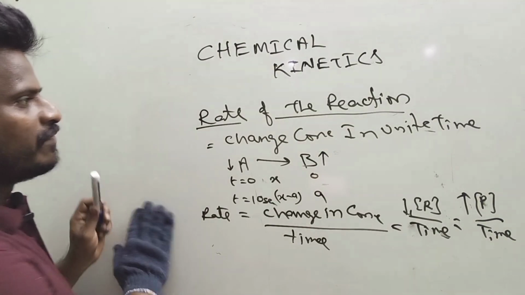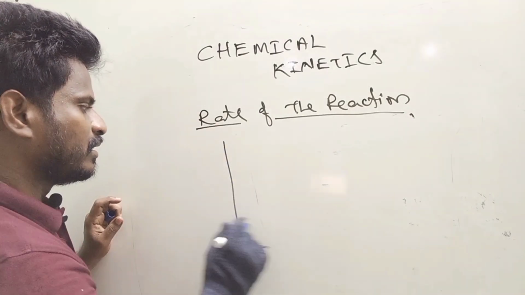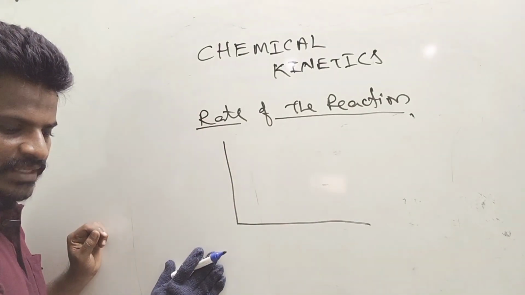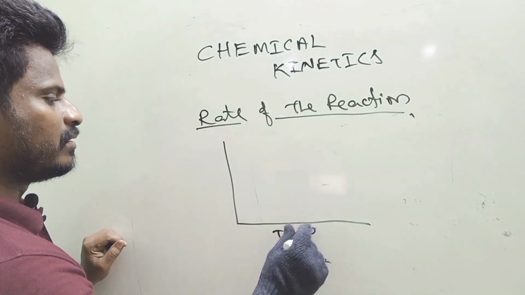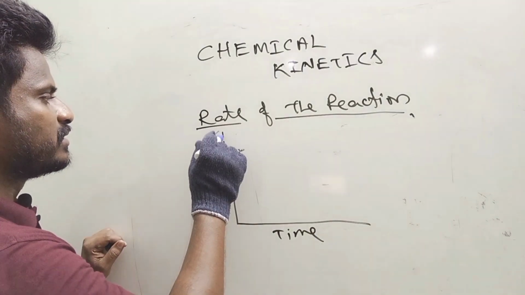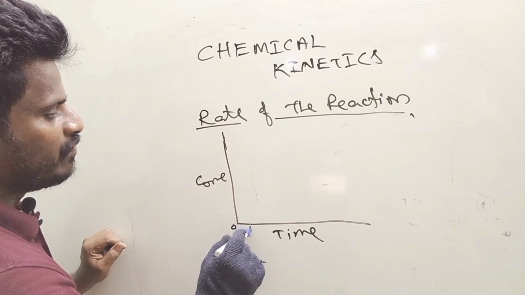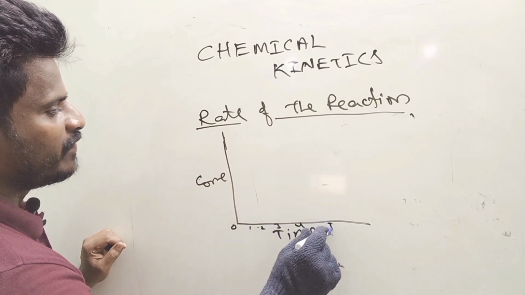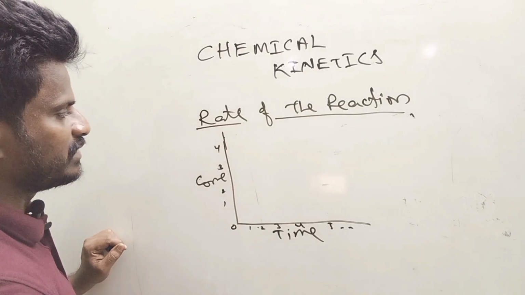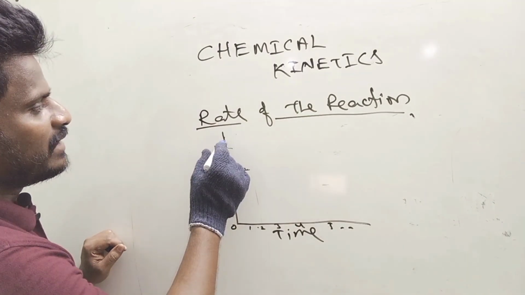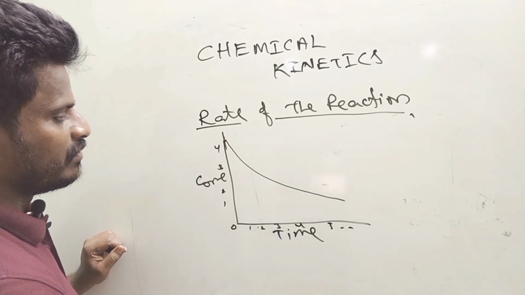So we can go for the graph representation. This is the x-axis and this is the y-axis. On the x-axis we take time, and on the y-axis concentrations are taken. The initial value is 0, with values 1, 2, 3, 4, 5 on the x-axis and 1, 2, 3, 4 on the y-axis. The reactant concentration starts from 4 and it is a decreasing graph.